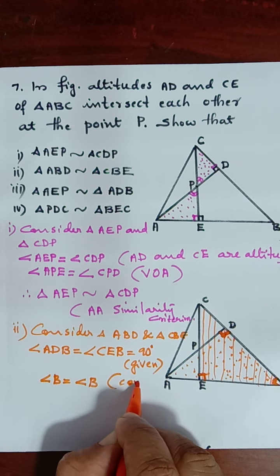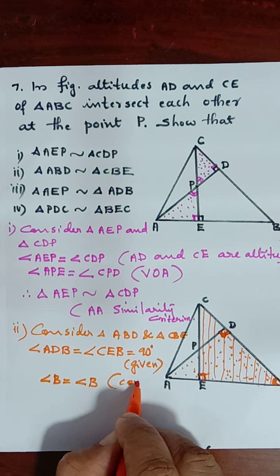Therefore, it is easy to prove triangle ABD similar to triangle CBE. This is by the AA similarity criterion. That is how we proved both of them.